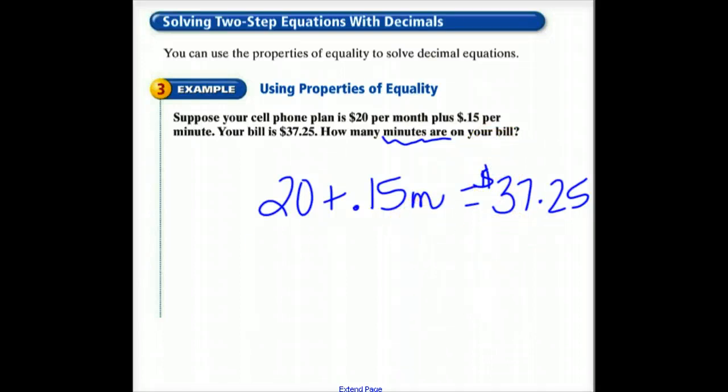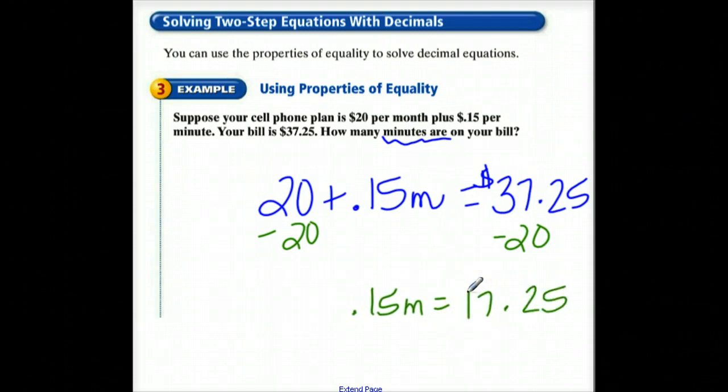So first, you are going to subtract the constant, which is the 20. So I have 0.15 M left, which equals $17.25 because I subtracted 20. Then I'm going to divide by the coefficient, or the decimal. So I'm dividing by 0.15.